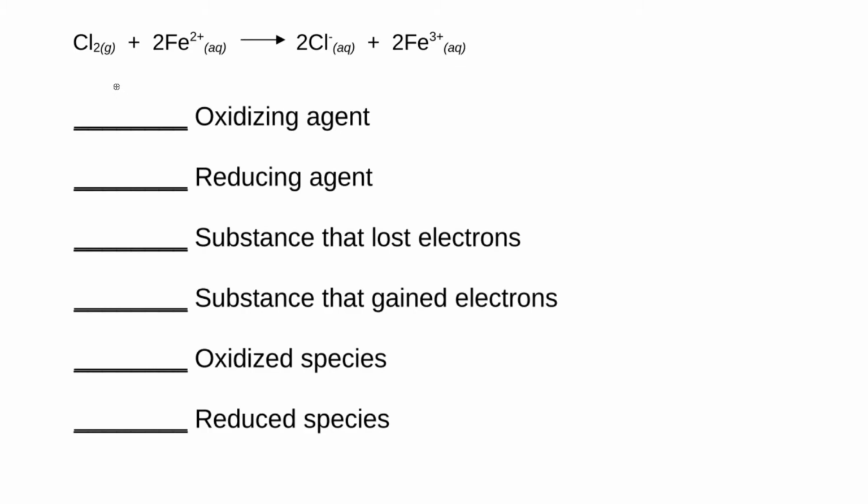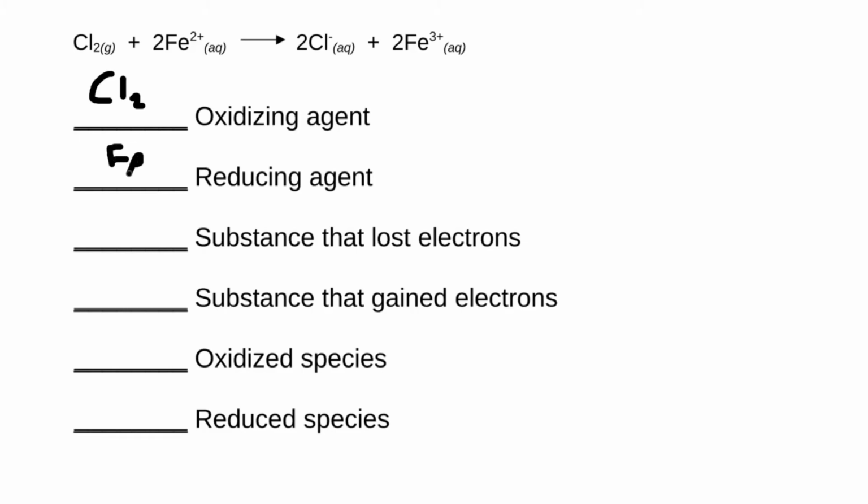So here the oxidizing agent would be Cl2, because Cl2 is the one that gains the electron. And the reducing agent is the opposite. It's the substance that gives up its electron. So it'd be, in this case, Fe2+.